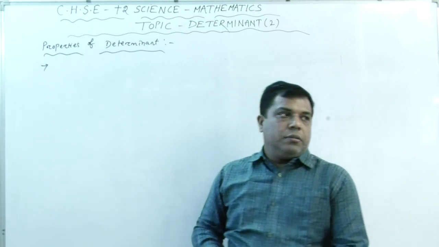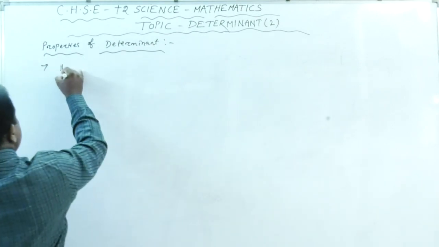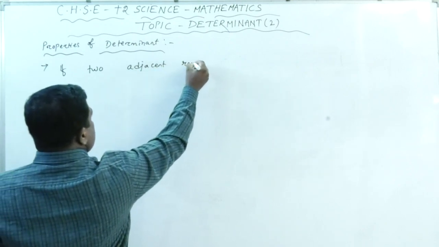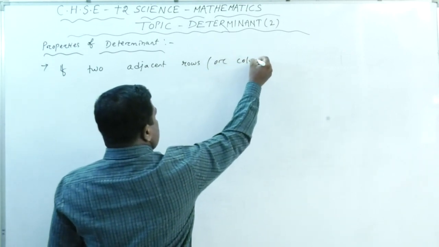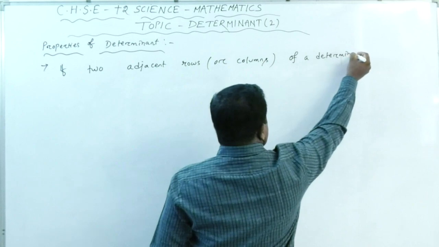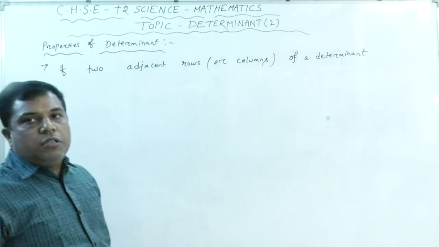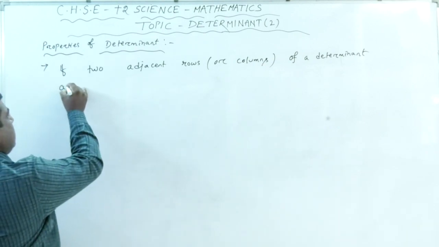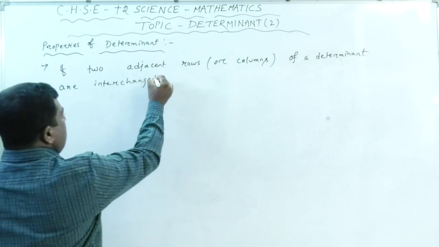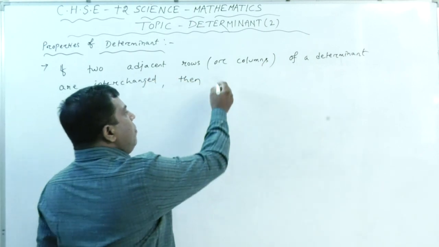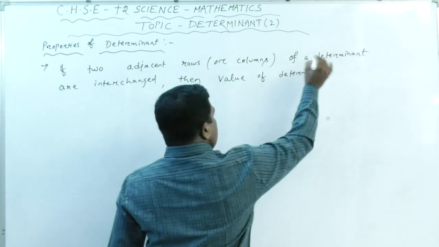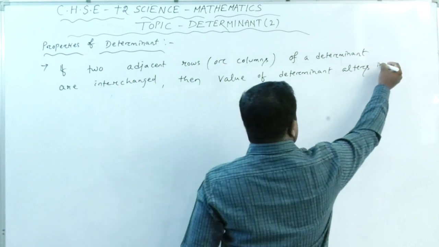The next property says, if two adjacent rows or columns of a determinant are interchanged, then the value of the determinant alters in sign.